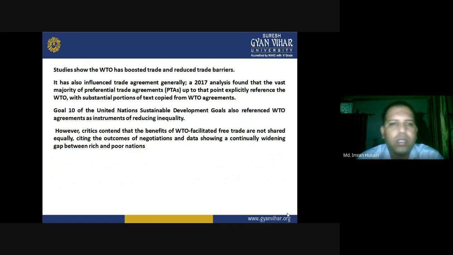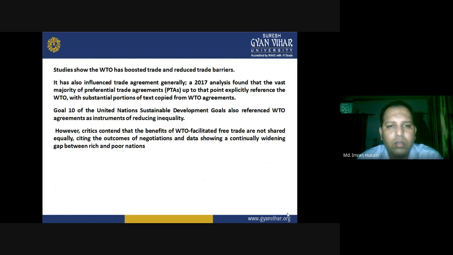Studies show that WTO has boosted trade and reduced trade barriers. It has also influenced trade agreements. Generally, a 2017 analysis found that the vast majority of preferential trade agreements (PTAs) up to that point explicitly reference the WTO, with a substantial portion of text copied from WTO agreements.